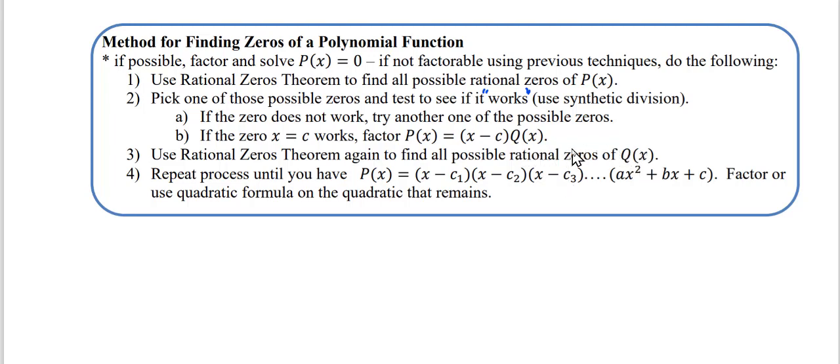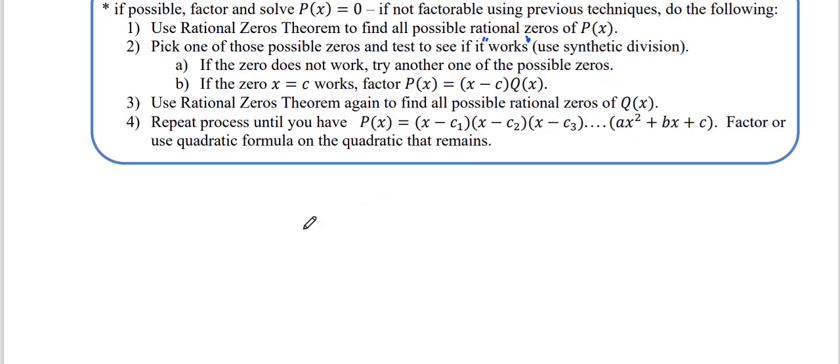And you just keep doing that until you have these linear factors, x minus a number, x minus a number, x minus a number, and one quadratic. And that one quadratic you can either factor if it's factorable, or you can use the quadratic formula on that quadratic that remains. So those are our steps.